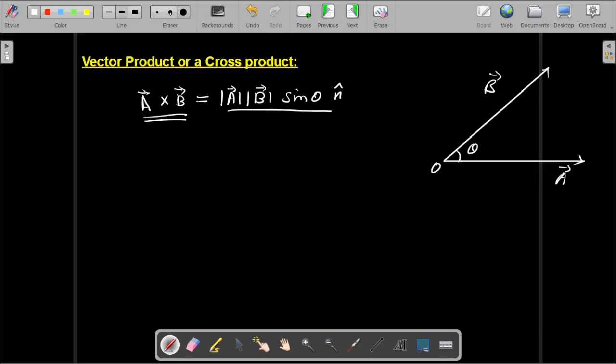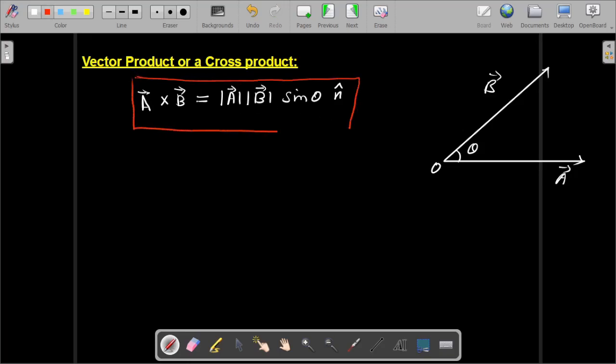In which direction will this unit vector be? Guess.